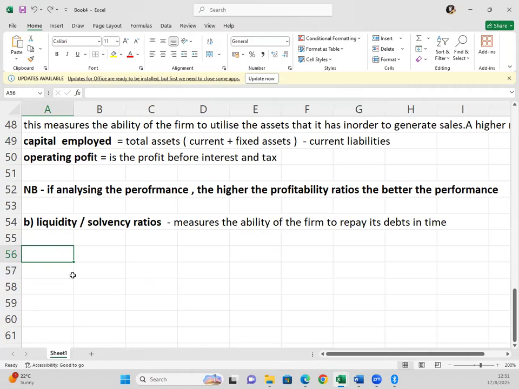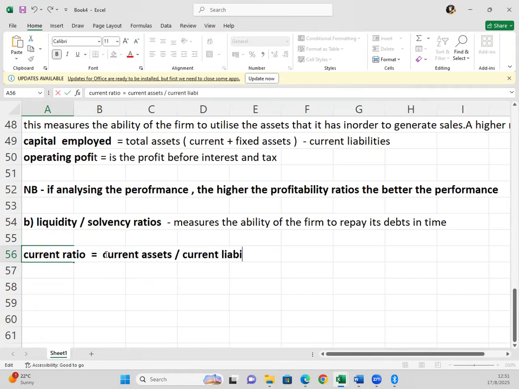The current ratio looks at whether we are able to pay those that we are owing using all current assets. Before we get to that, what is the formula? The current ratio is the current assets divided by the current liabilities. I'll demonstrate an example for that.